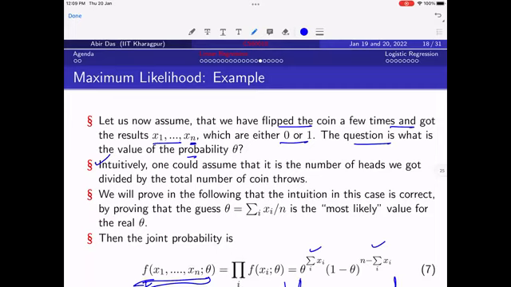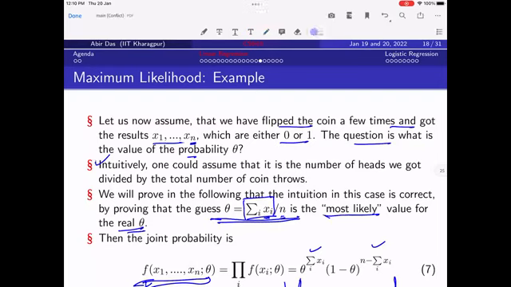Now we will prove that the intuition is correct, by proving that the guess theta, which is the summation of xi divided by n, that is the number of times head appeared, because xi is 1 only for head, so this will give you the number of heads, divided by the total number of tosses, is the most likely value for the real theta, that is, the probability of head.